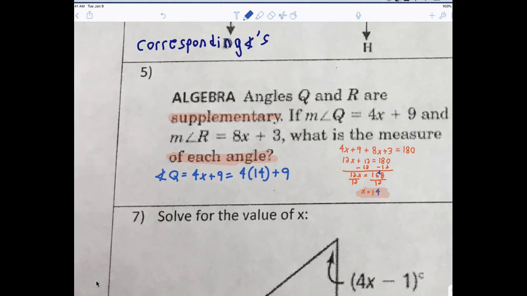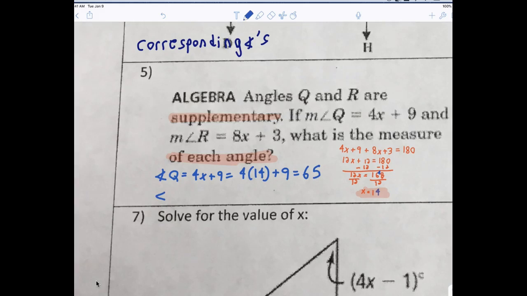So what's 4 times 14? 56. And then 56 plus 9. Remember, add 10, subtract 1. What's 56 plus 10? 66. 65. There you go, buddy. That's good mental math right there. So that's angle Q.